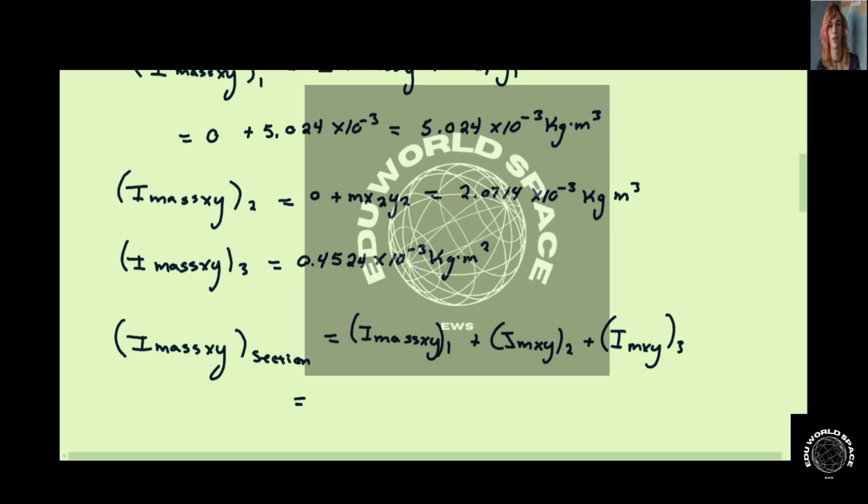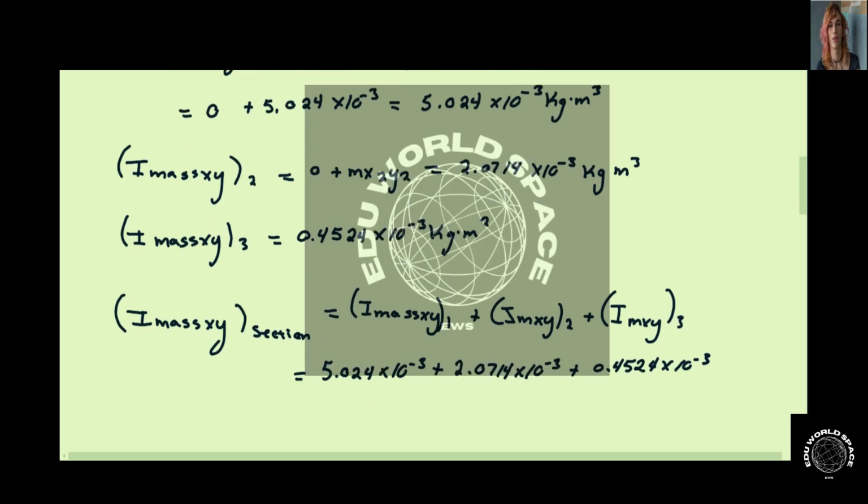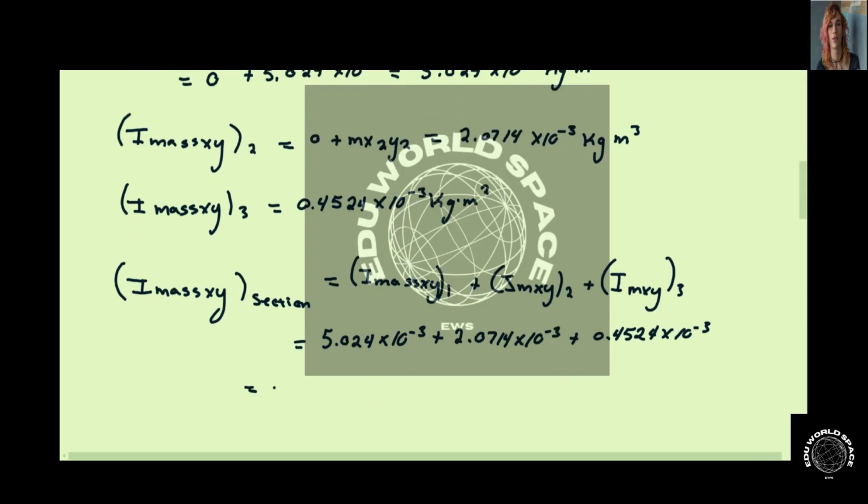And we're just going to add all of these up. So 5.024 times 10 to negative 3 plus 2.0714 times 10 to negative 3 plus 0.4524 times 10 to negative 3. And from this, we get 2.5 times 10 to negative 3 kilograms per meter squared, and that's your x, y.